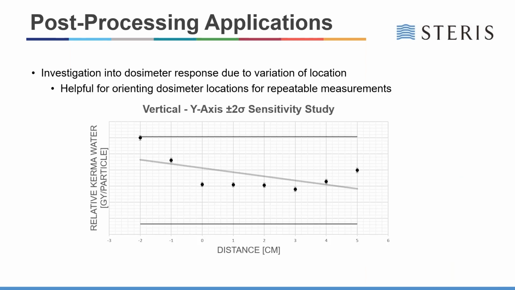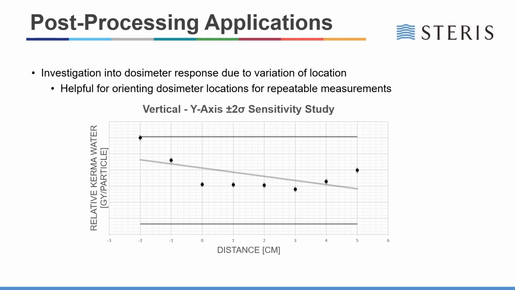Scaling forward, we have an example plot that shows for this specific example that within a certain range of distance, the centimeters scale on the bottom showing between -3 to 6 centimeters, we have a certain range of dosimeter responses in terms of grays per particle that are within plus or minus 2 sigma that would be related to the uncertainty of the detector itself.